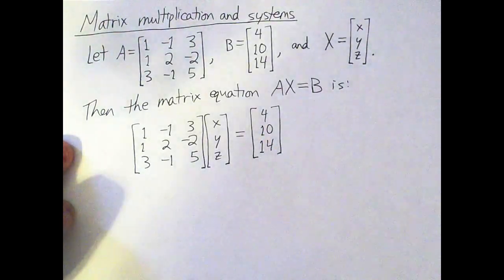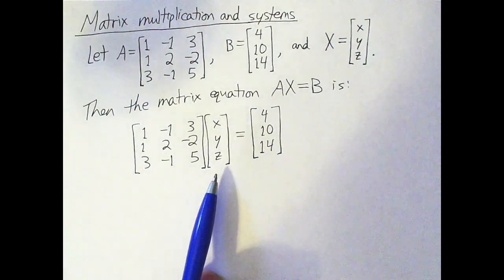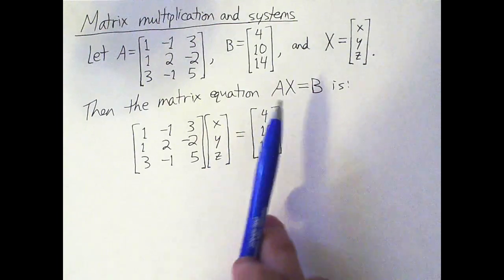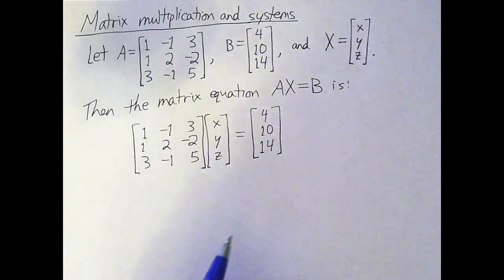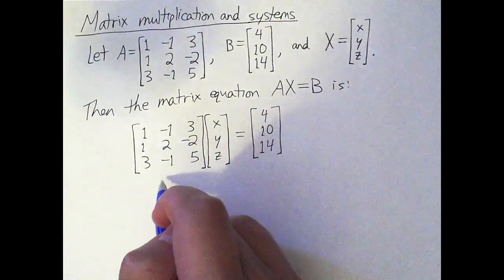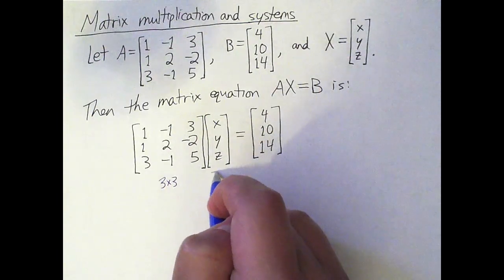Okay, before we go any further, let's check to see, is this matrix multiplication defined? Like, is this okay? A times X. These look like they're very different sizes, different dimensions. Is it okay to do this? Well, this one is 3 by 3, and this one is 3 by 1.